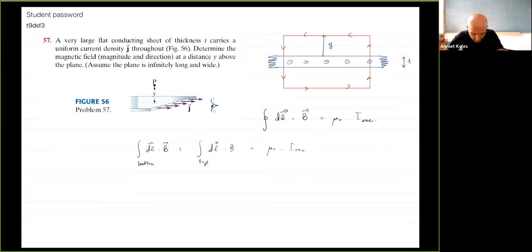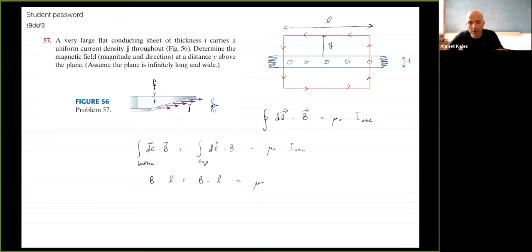The magnetic field is changing direction, but the loop direction is also changing. And B is constant, so I can take it outside and call this length L. So this integral will be B times L plus B times L is equal to mu0 times I enclosed.